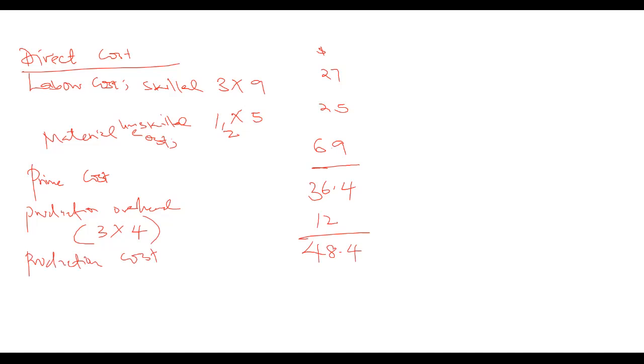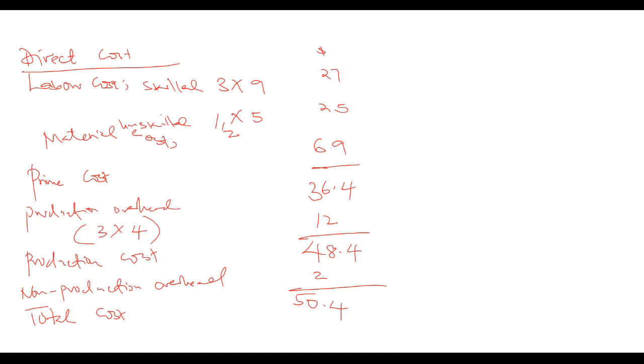Then you have the admin cost here, the non-production overhead. It's not part of production, and it's $2 per service. Therefore you can have the total cost, which is 50.4. But the question is very clear: you've been asked to get the prime cost only.